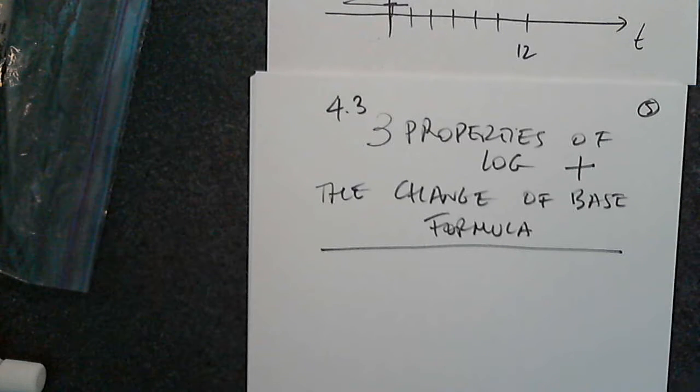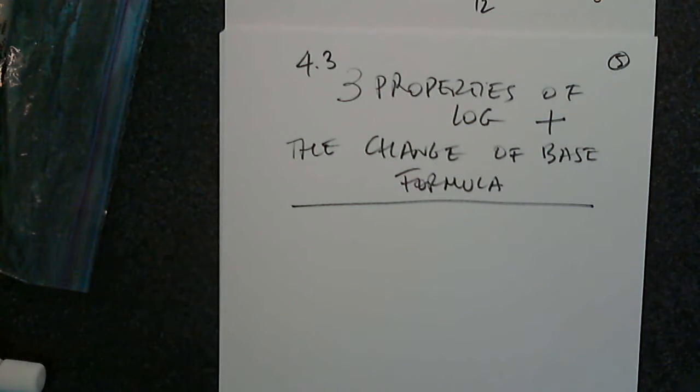What you meant was the product rule, the quotient rule, and the power rule. Correct. So these 3 properties you will never see. No other function has these 3 properties. You'll never see them again. They are typical to the log function. And the change of base formula is very useful because some calculators do not have the option of putting in the base you want. And you may have to use the 2 bases that we have in the calculator for sure, log, common log, and ln, natural log.